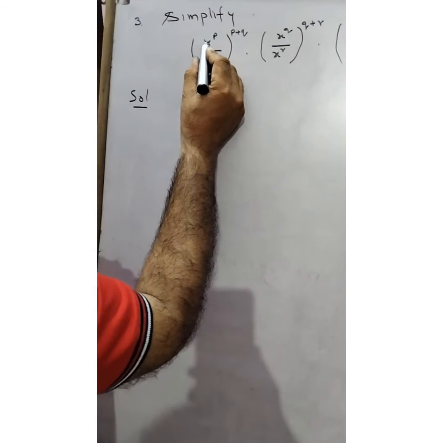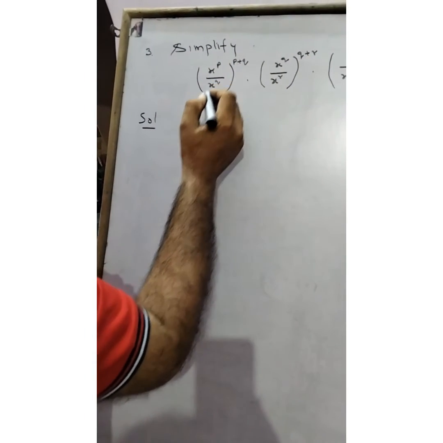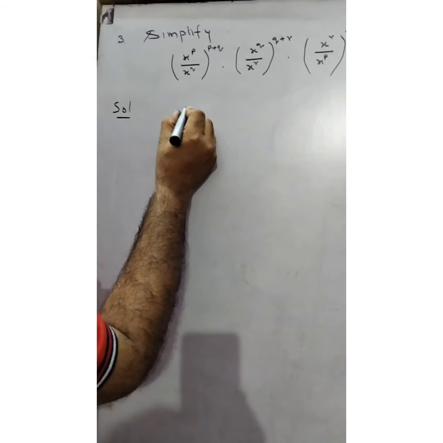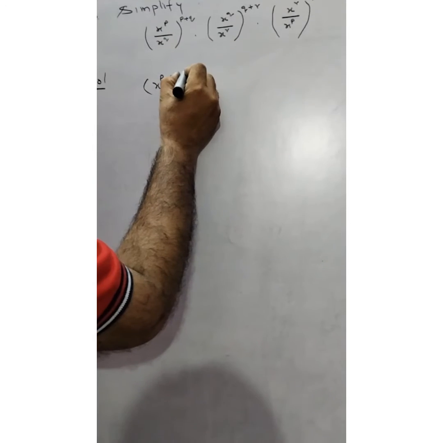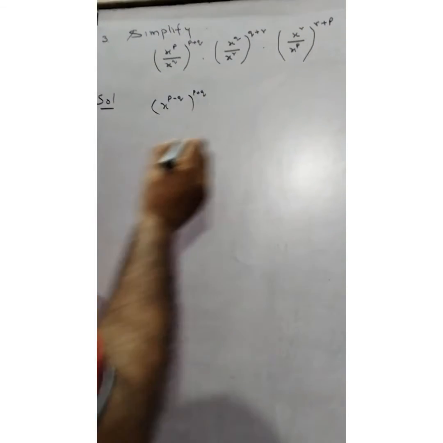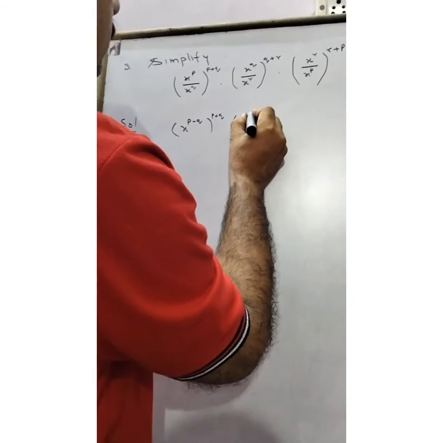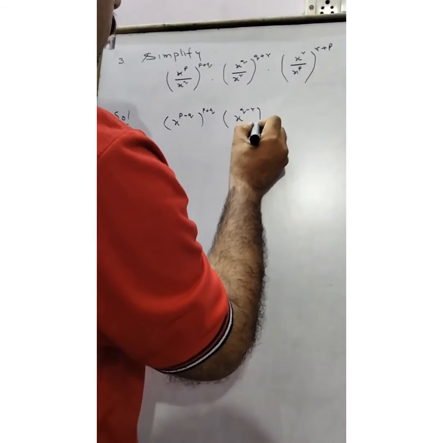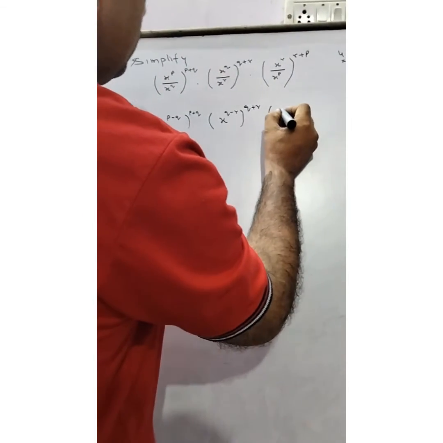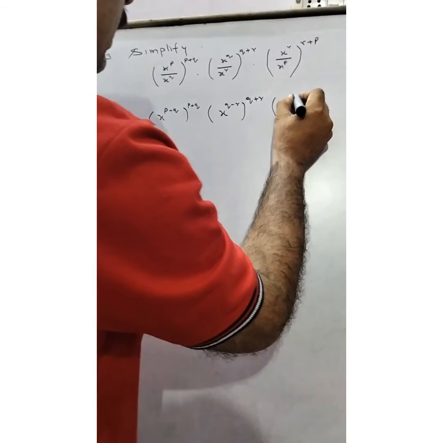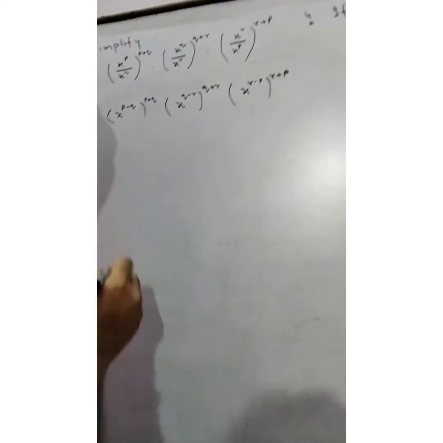Similarly, the bases of x are the same, so we can write x^(p-q) and p plus q is as it is, and x^(q-r) over q plus r, and x^(r-p) over r plus p.